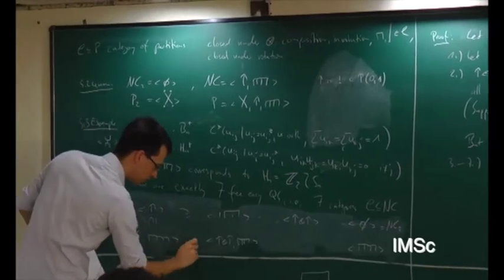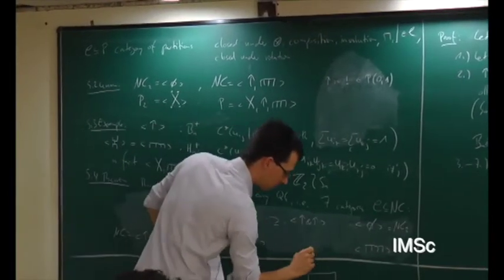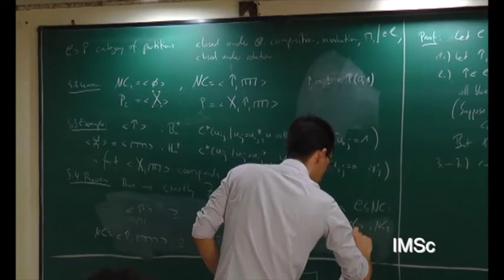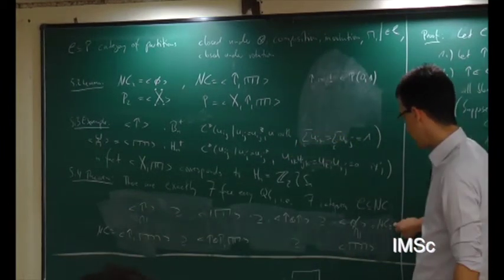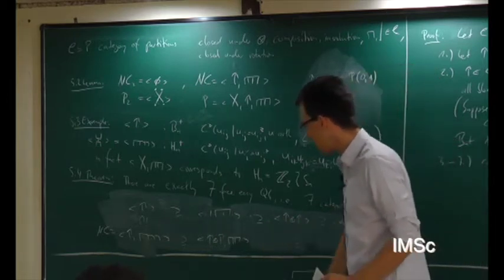So this is the way I usually write it, and now my inclusion signs are correct. Okay, so here I have NC2. Now it should be correct.